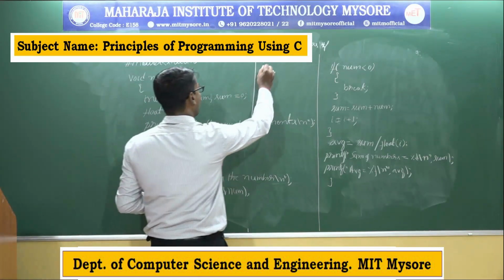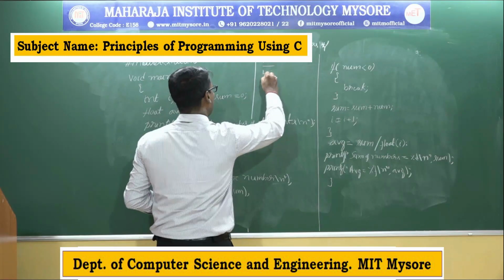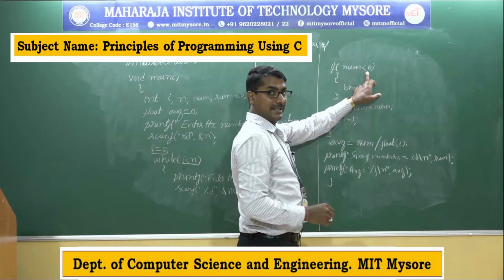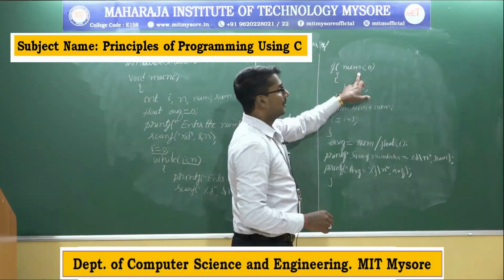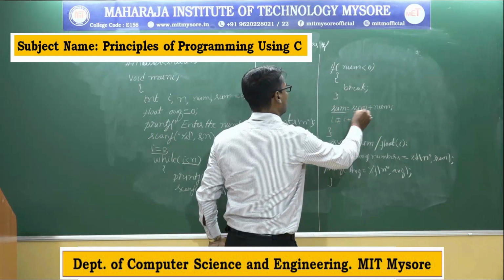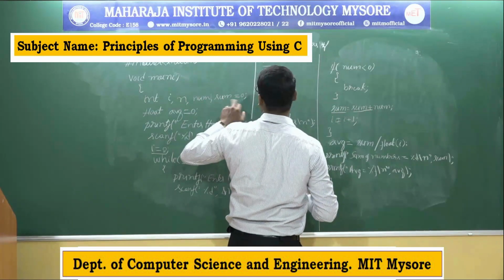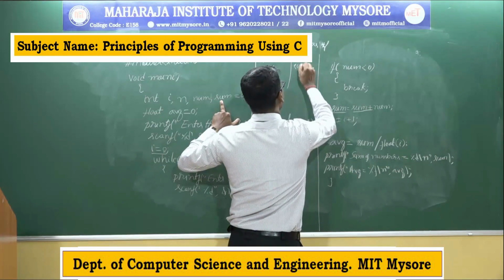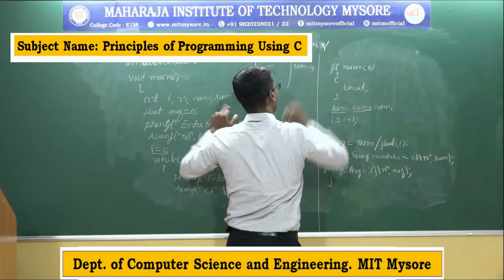Then I will enter one value, 4. So here it will verify num < 0. Is 4 less than 0? No, the condition is false. Then it will perform sum = sum + num. Initially the sum value is 0, so 0 plus 4 is 4. Now sum is equal to 4.